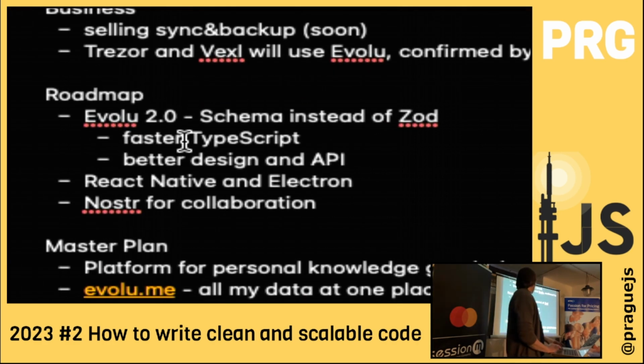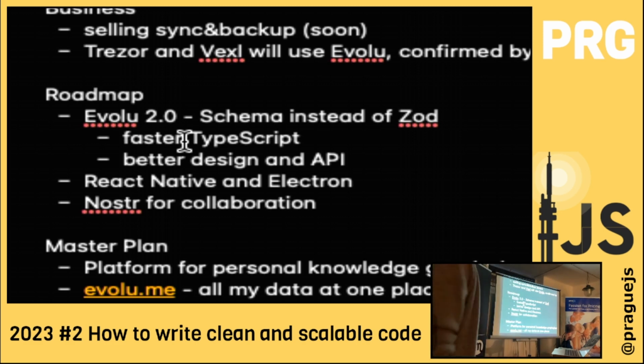Okay, roadmap. Evolu is already released. I promised to release today, but it was a good decision not to. I think the core Evolu logic is very, very stable. I'm using it for maybe 7 or 8 months without changes.